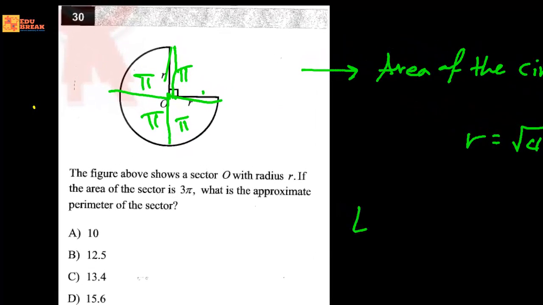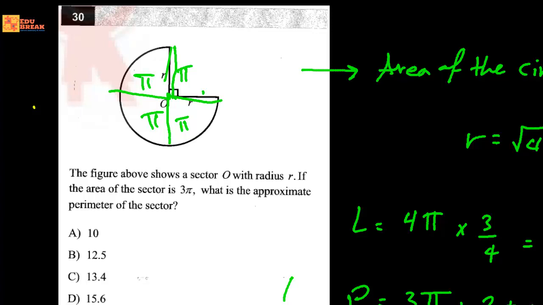The length of the arc equals 4 pi times 3 over 4 of the circle, which equals 3 pi. So the perimeter will be 3 pi plus 2 plus 2, which is 4 plus 3 pi. Using the calculator, it will be 13.4. So the answer is C.